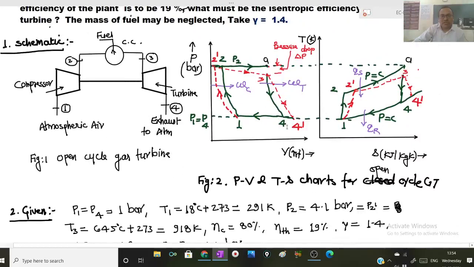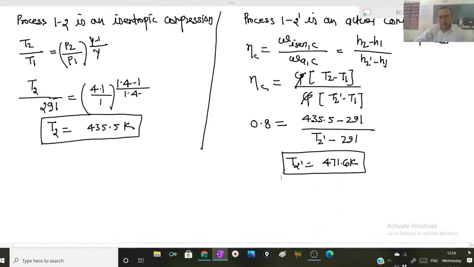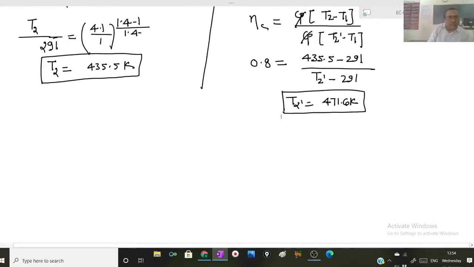So let us consider once again process 3 to 4. Process 3 to 4 is an isentropic expansion.